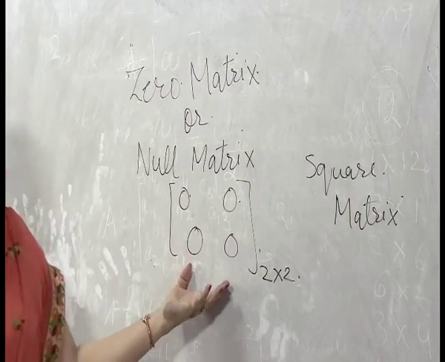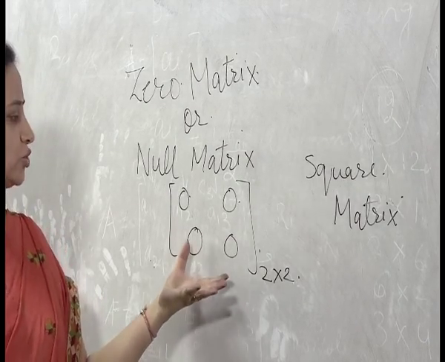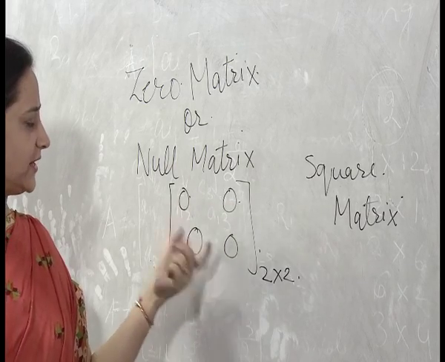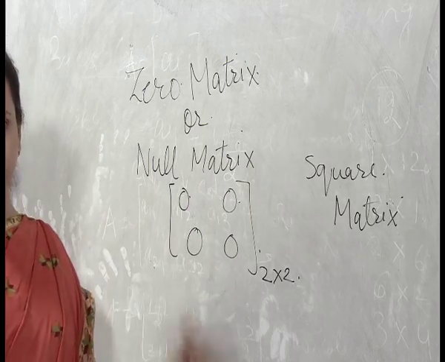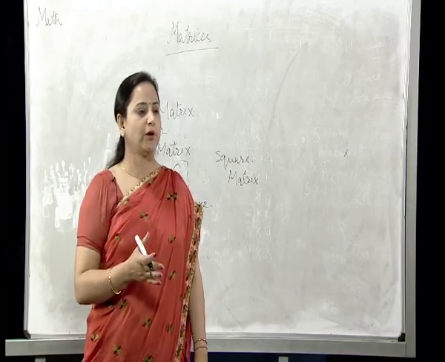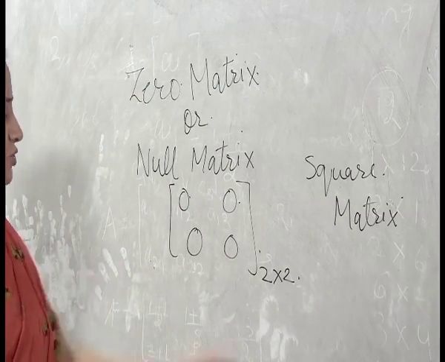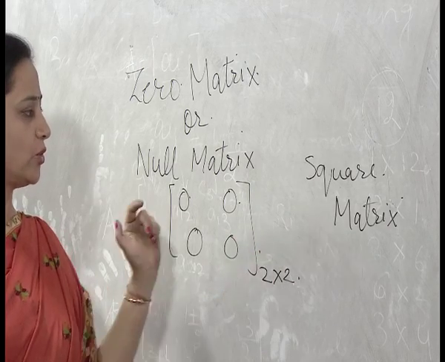So, this matrix is a square matrix as well as a zero matrix. Two things we can see here: all the elements are 0, and this is a square matrix. What is a square matrix? A square matrix is a matrix which has the same number of rows and columns. So, the order will be 2 by 2. That means it has 2 rows and 2 columns.